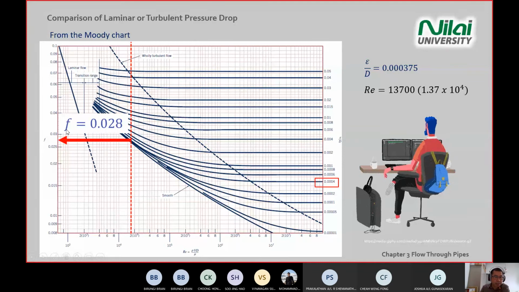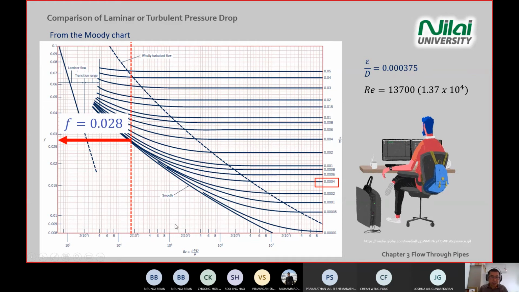In this case, we get around 0.028. Again, the line that I draw on the screen here is a little bit off. It should be a little bit more to the left, because when you put the line in the PowerPoint slide, it will be off a bit. You cannot go to the exact location.